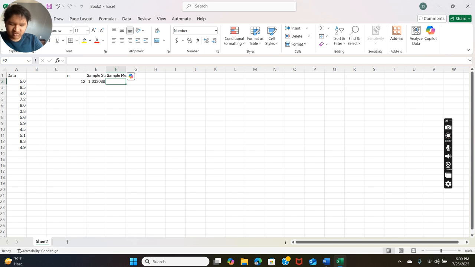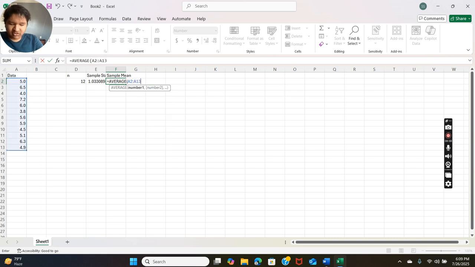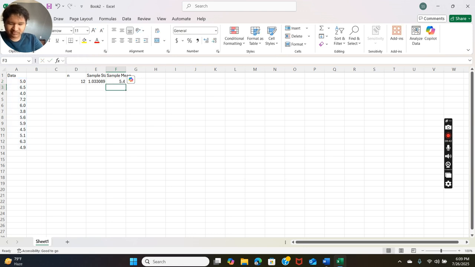And then in F2, we write the formula, which will be equals, AVERAGE, open parenthesis, and then the data range of A2 colon A13, close parenthesis, enter.